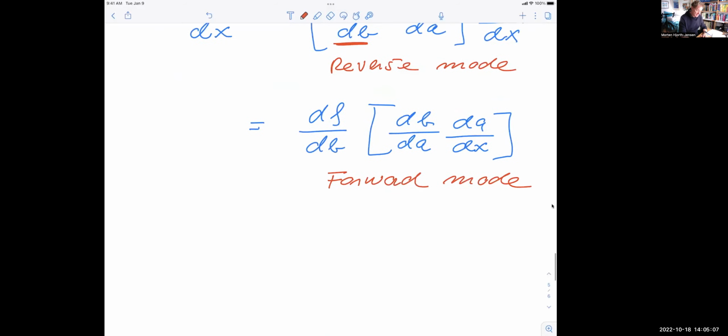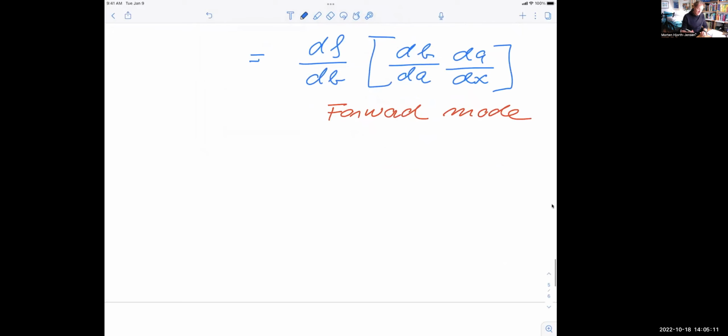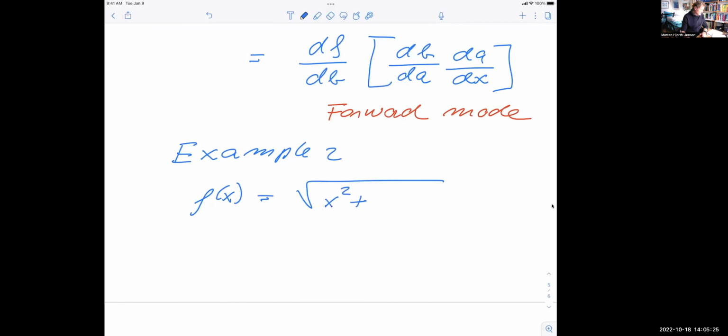So let's take a look at the second example, which is a little bit more complicated. Let's just call this example 2. Let's now suppose that the function f of x has a square root, and it's given by the square root of x squared plus the exponential of x squared.